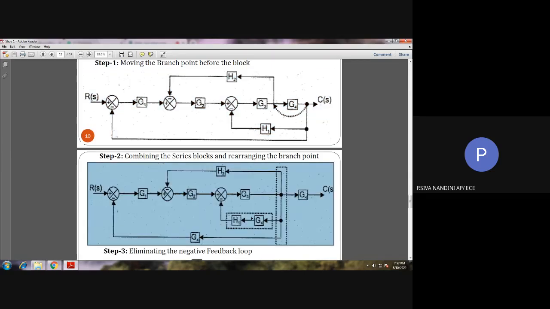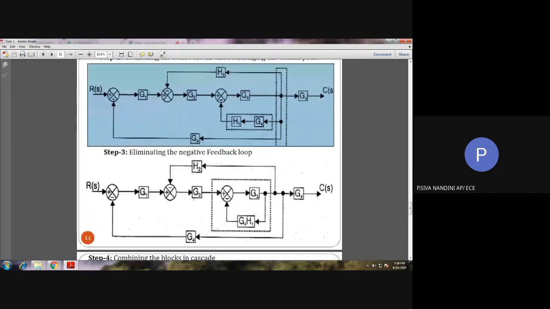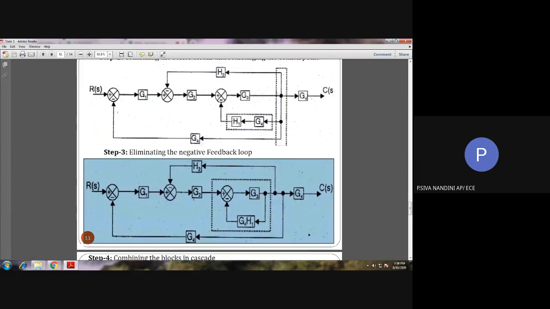So here, see, this G4 is included in the branch point path. And next, we can combine these two blocks, H1 and G4, which are in series. And then for easiness, we can split this three branch point combined here. As such, we obtain the block diagram shown in step number 3.